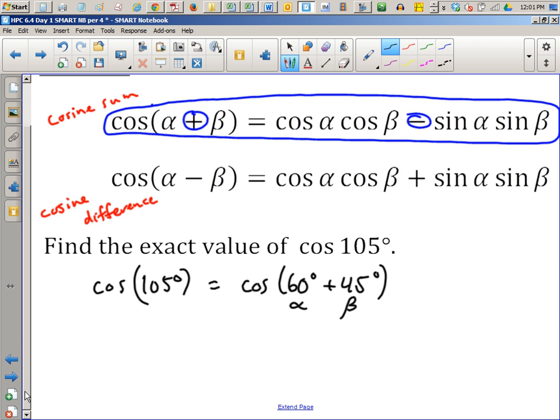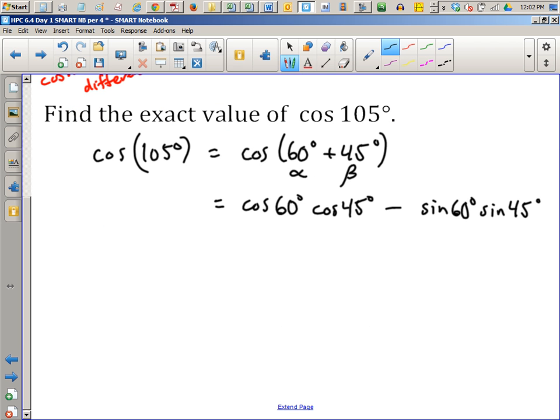It says we're going to be doing cos 60, cos 45, minus sine 60, sine 45. Let's put that all together and see what we get. So this would go cos, minus sine, sine. That's the formula. And all of this stuff we can grab from the unit circle. This is a half, and this is root 2 over 2.